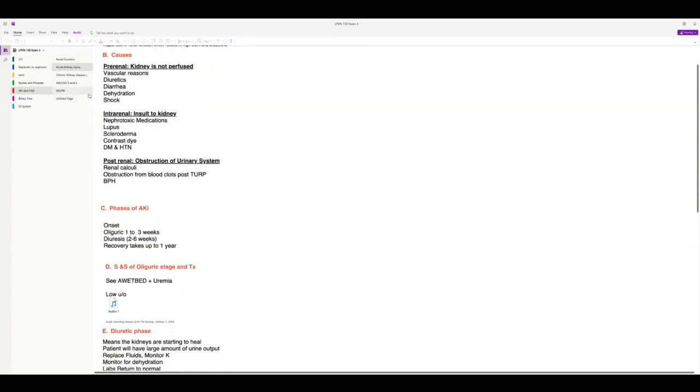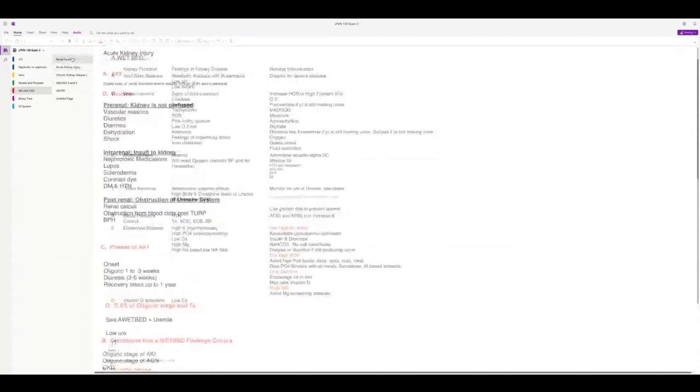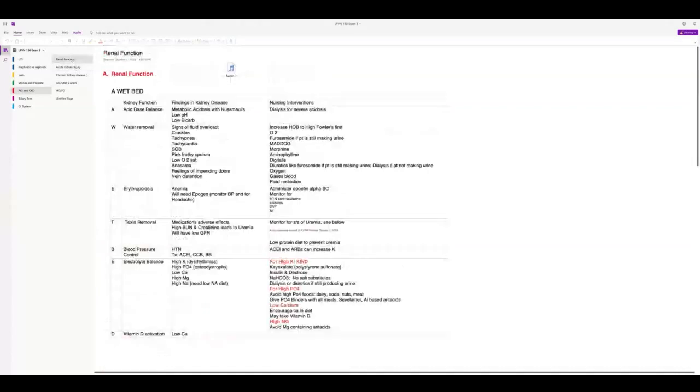Okay, so with the oliguric phase, that essentially means that the kidneys are not working. And if your kidneys are not working, right, this is what you're going to see. The patient's going to have metabolic acidosis, because the kidney is supposed to help us get rid of acid, right? They're going to have fluid overload.